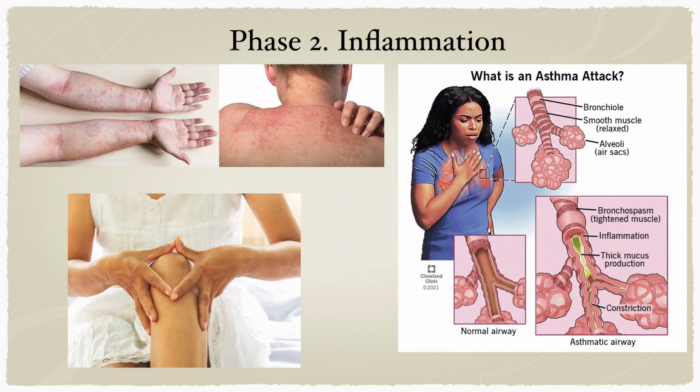All it's doing is irritating us and pointing out that something's not quite right. And again, if we suppress that by taking inhalers or getting steroids, then we're suppressing it again, and it will go on to the third stage.